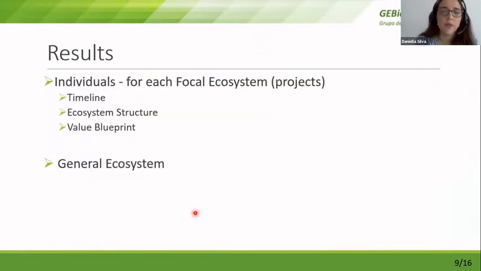In this paper, we have 2 kinds of results. We have individual results for each focal ecosystem, like for each project. For example, we have the timeline, the ecosystem structure, and the value blueprint of each project. For the value blueprint, I've put some explanation here.